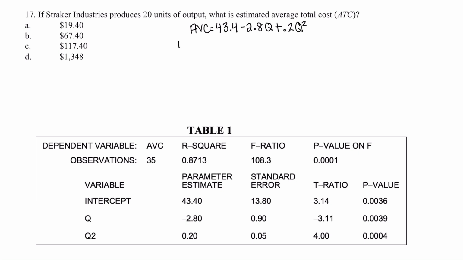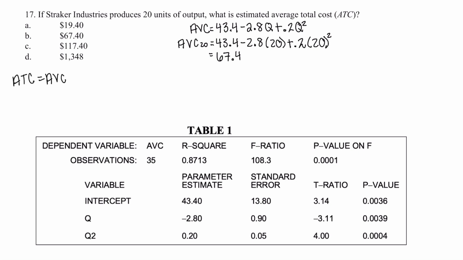So we're going to substitute 20 into that so we can get our average variable cost at 20, which is going to be 43.4 minus 2.8 times 20 plus 0.2 times 20 squared, which gives us 67.4. And we want average total cost, which is average variable cost plus average fixed costs.